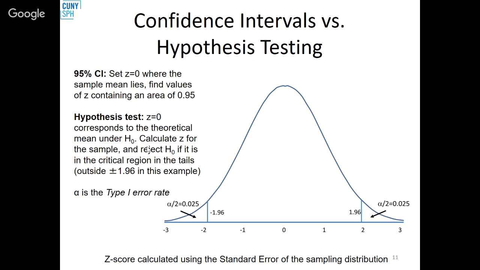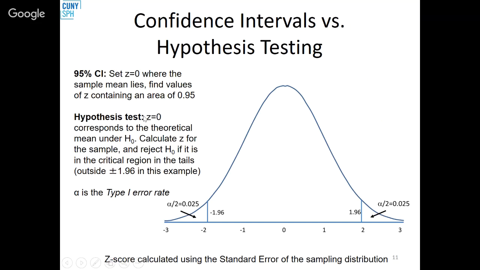That would be what was expected based on a census or based on some much larger sample. And z equals 0 corresponds to a sample mean equal to that hypothesized mean.